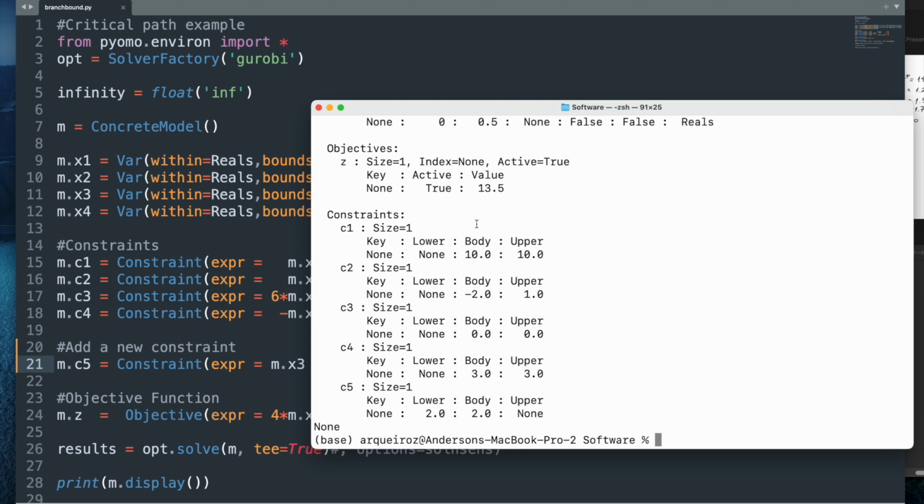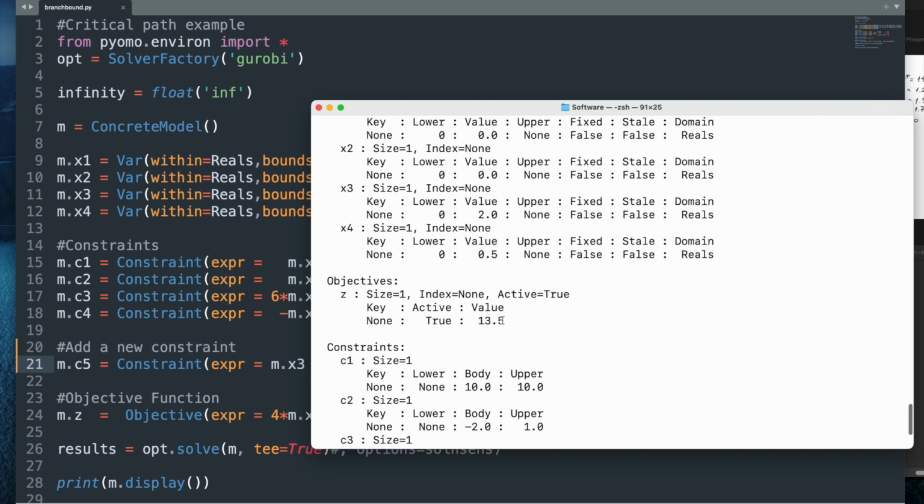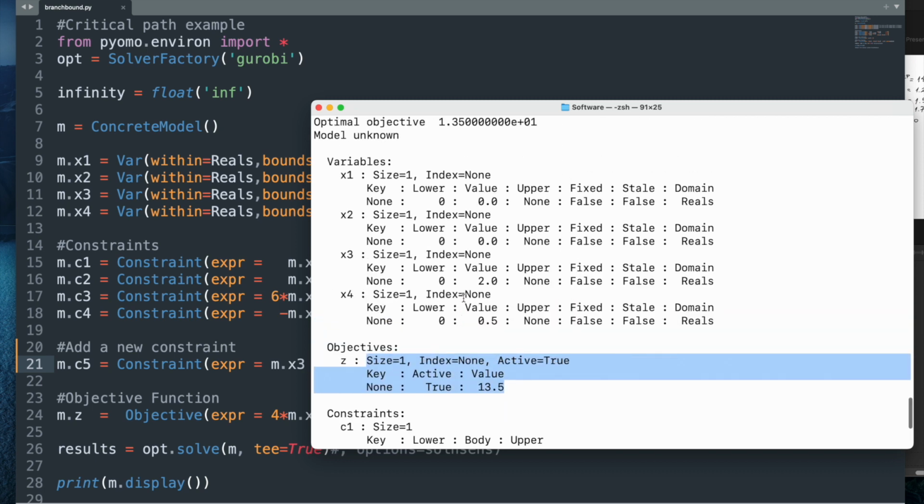So now you see that the objective function value is 13.5, and the decision variables are 0, 0, 2, and 0.5 for x1 up to x4 respectively.